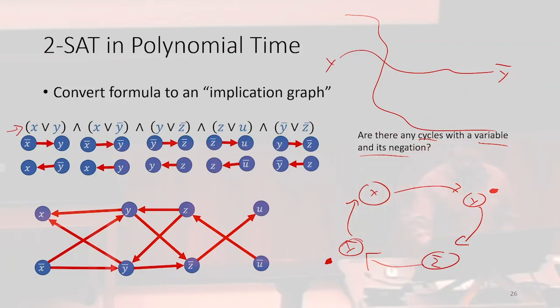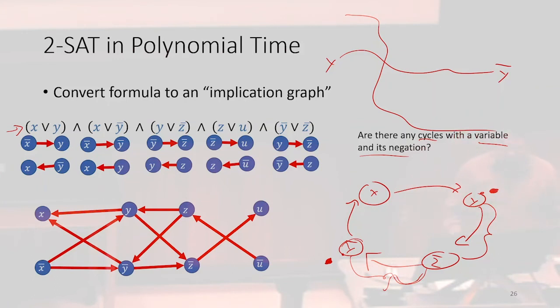If we had a cycle that had both y and y complement in it, then since this is a strict requirement, this says there is some clause that says in order for that clause to be satisfied with y being true, it must have been that z was false. Which says that there is some other clause that says that whenever z was false, y must have been false. So since we have this cycle, one of these clauses that was used to draw this arrow is not going to be satisfiable for any assignment that we might pick.